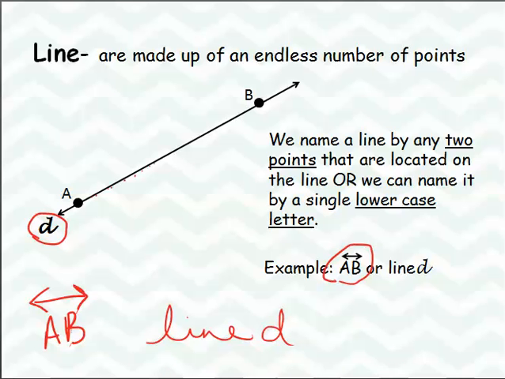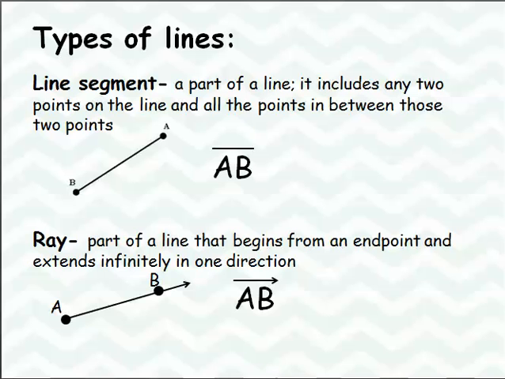All right, moving on. Here are 2 other types of lines. We have a line segment, and we also have a ray. A line segment is a part of a line. A line will continue on forever, but a line segment will stop at its endpoints. We name a line segment with a straight line and the 2 capital letters underneath it.